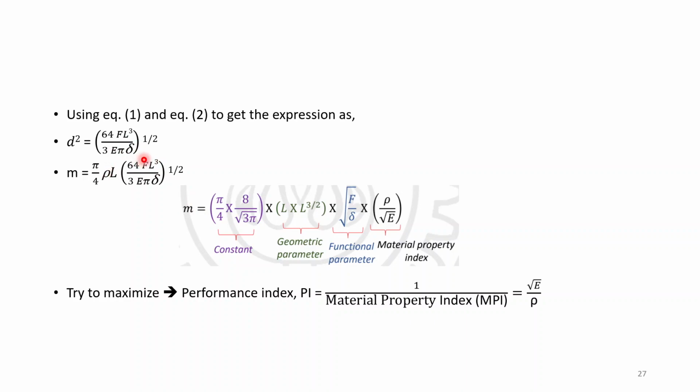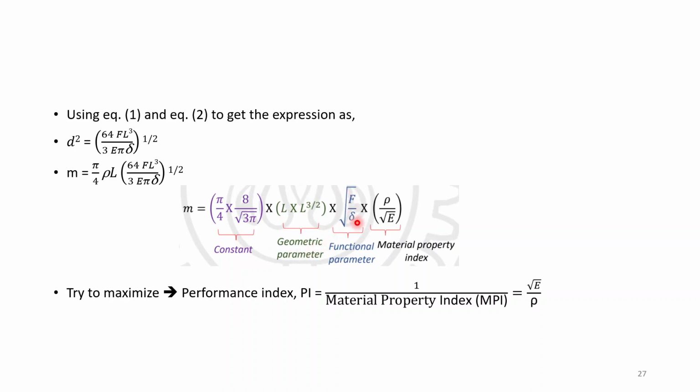Now you segregate these various properties. So for example, you keep constants at one side, so pi by 4 times 8 upon root 3 pi, this becomes your constant, and L times L to the power 3 by 2, this becomes your geometric parameter.